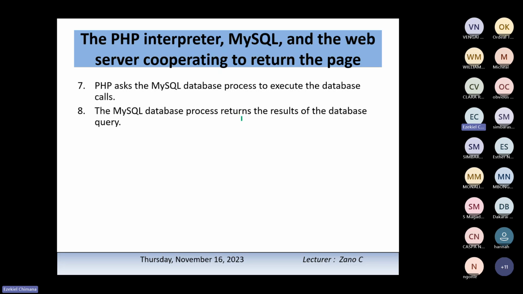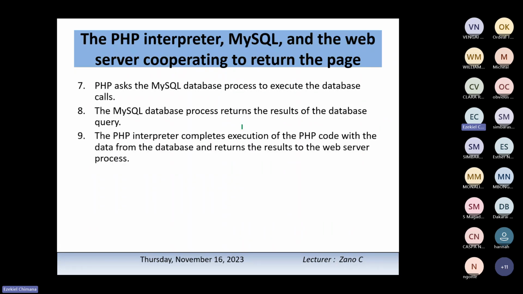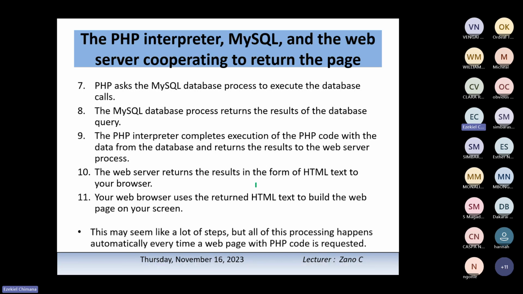The MySQL database process returns the results of the database query, and then the PHP interpreter completes its execution of the PHP code with the data from the database and returns the results to the web server process. Then the web server returns the results in the form of HTML text to your browser. Your web browser uses the returned HTML text to build the web page on your screen.